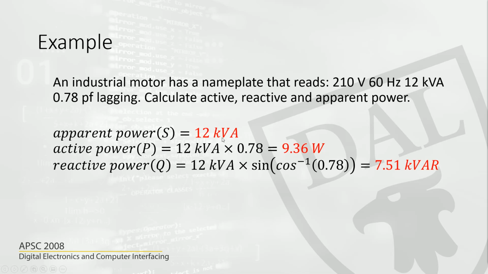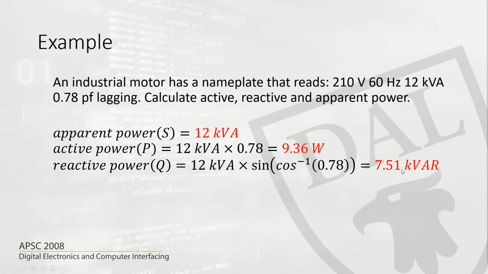And for the active power, you multiply that with the power factor lagging, and you get 9.36 watts. And for reactive power, you have to calculate phi. So cos phi is 0.78. We take the cos inverse to get phi, and that phi is substituted here into sin phi.